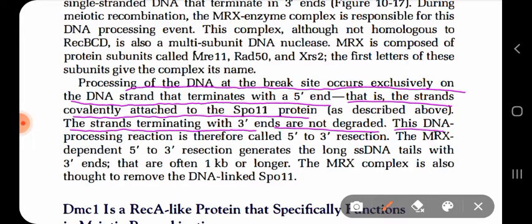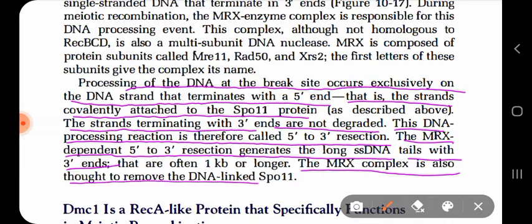This DNA processing reaction is therefore called 5' to 3' resection. MRX-dependent 5' to 3' resection generates a long single-stranded DNA tail with a 3' end. This MRX complex is also thought to remove the DNA-linked SPO11. So the MRX complex also removes the SPO11 linked to the DNA at the 5' end.